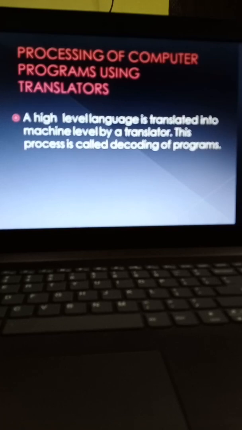To make the computer understand a program, it is first converted into machine language. A high-level language is translated into machine language by a translator. This process is called decoding of programs.